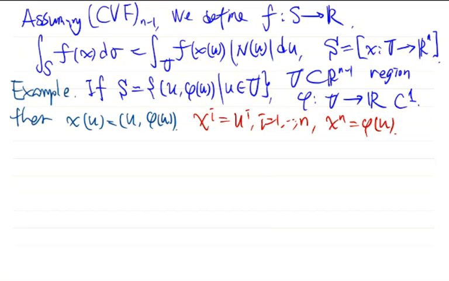Okay. Now what's the n? N is the Jacobian determinant of x with respect to u.